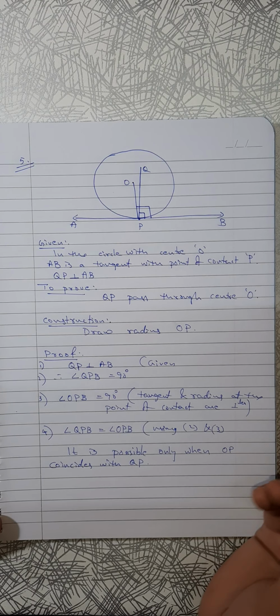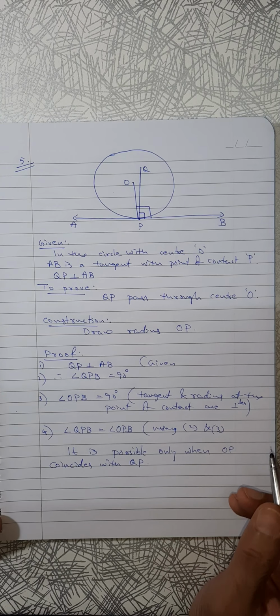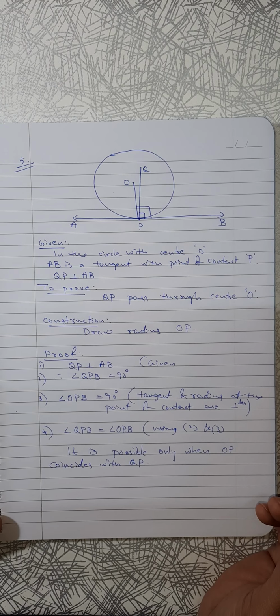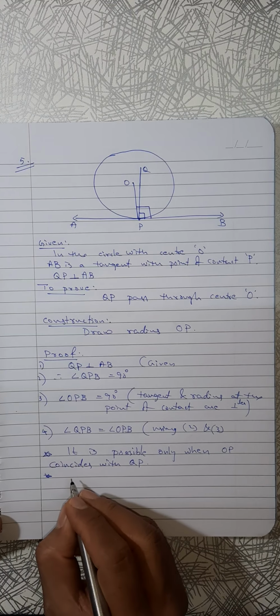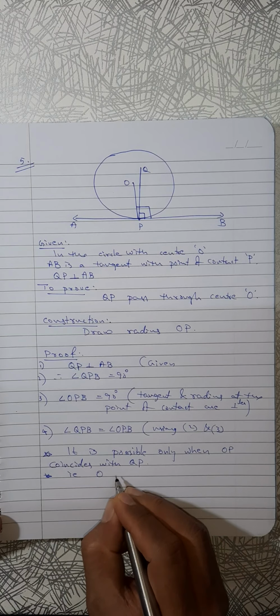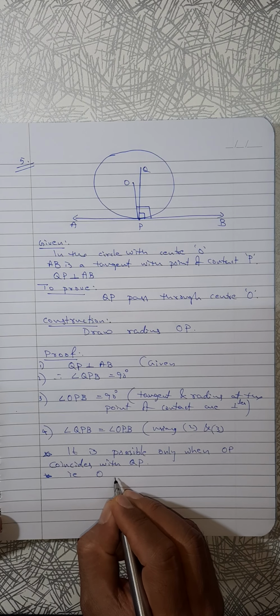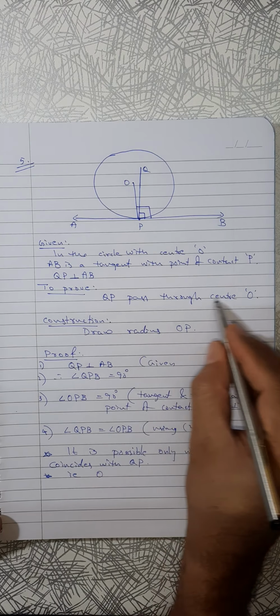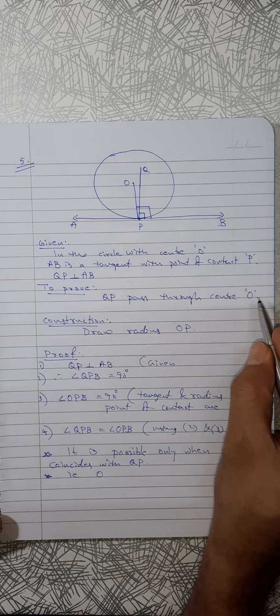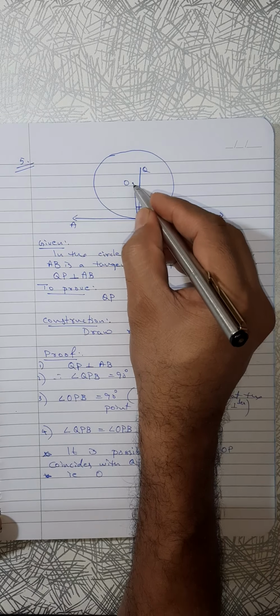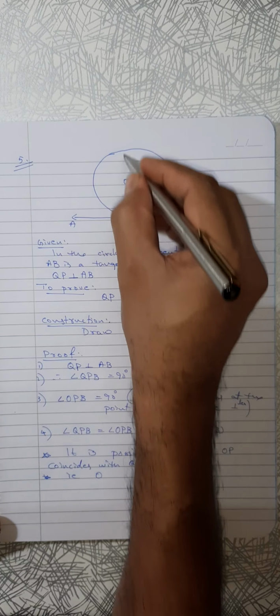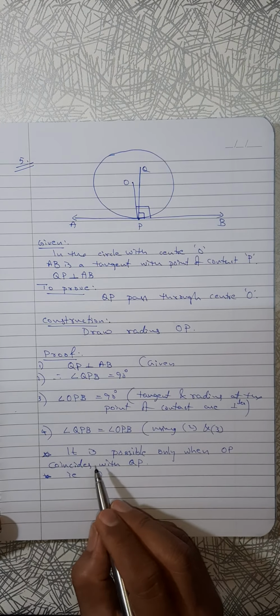So OP coinciding with QP means O lies on QP. O lies on the perpendicular. QP passes through the center O. Both ways we can say O will be lying on QP. The perpendicular is passing through O, and these two are going to be the same single line.